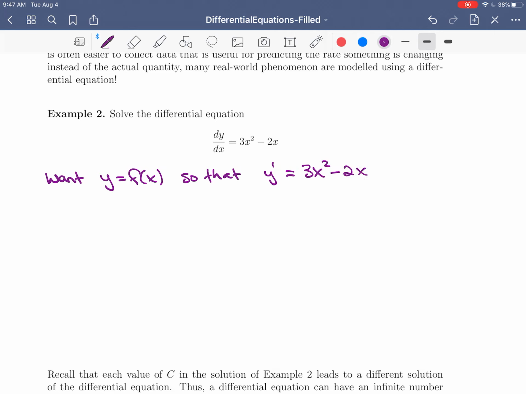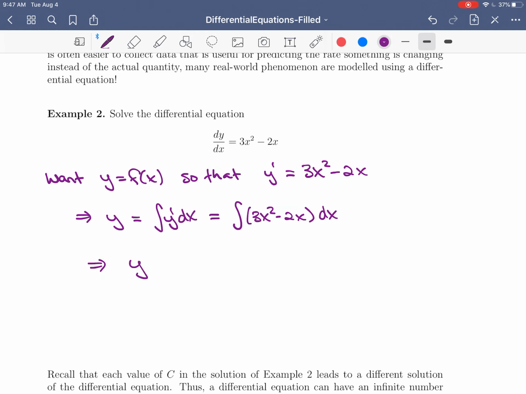So we want the derivative of our y to be equal to 3x squared minus 2x. That means my y should be the integral of this derivative with respect to x. So what I want to do is take the antiderivative of 3x squared minus 2x.